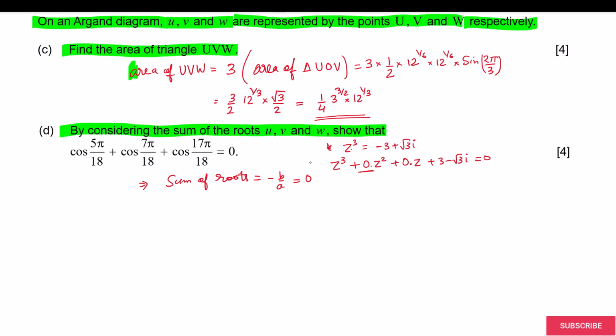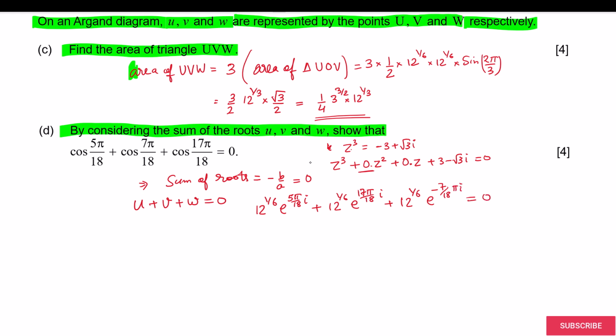I will write first of all u plus v plus w as 0, and u was 12 to the power 1 over 6 e to the power 5 pi over 18 iota, plus v was 12 to the power 1 over 6 e to the power 17 pi over 18 iota, and plus 12 to the power 1 over 6 e to the power -7 pi over 18 iota.